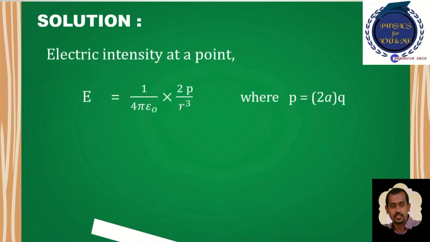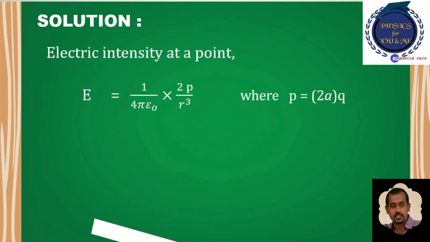So here, electric intensity at a point is given by the expression E is equal to 1 by 4 pi epsilon naught into 2p divided by r cube, where the point is lying on the axis of the dipole. P is given as electric dipole moment and it will be equal to 2a into q.